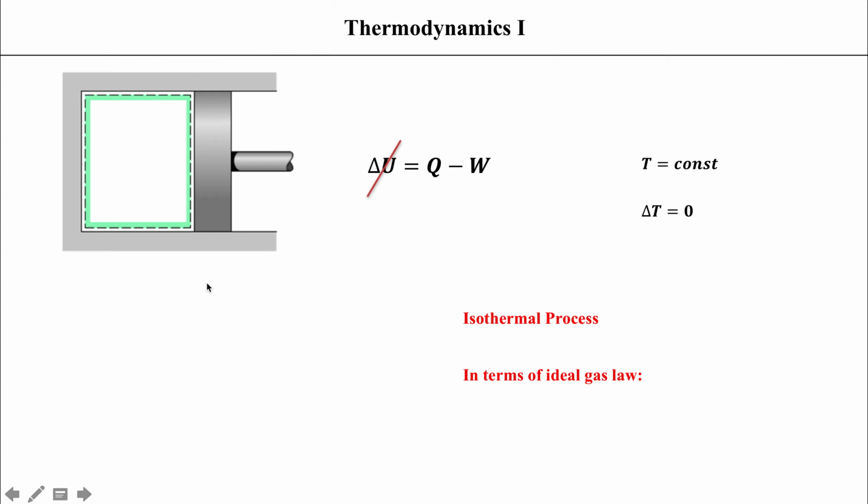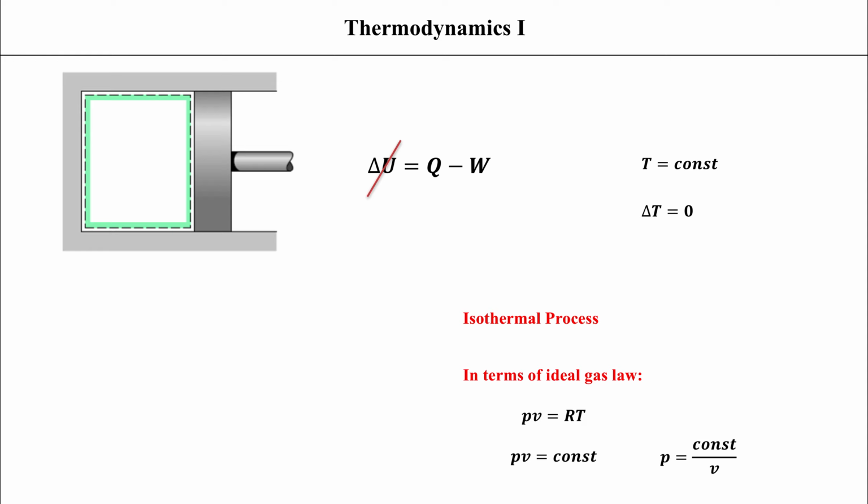Okay. And in terms of the ideal gas law, which is PV equals RT, because I'm going with specific volume right now. If I wasn't going with specific volume, it would be PV equals nRT. Because the temperature is constant, R is already a constant, so PV is going to be equal to constant.